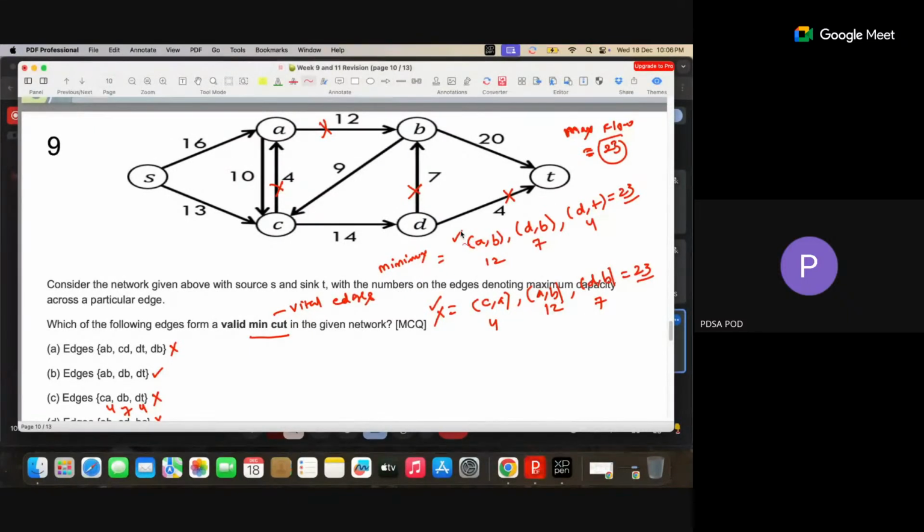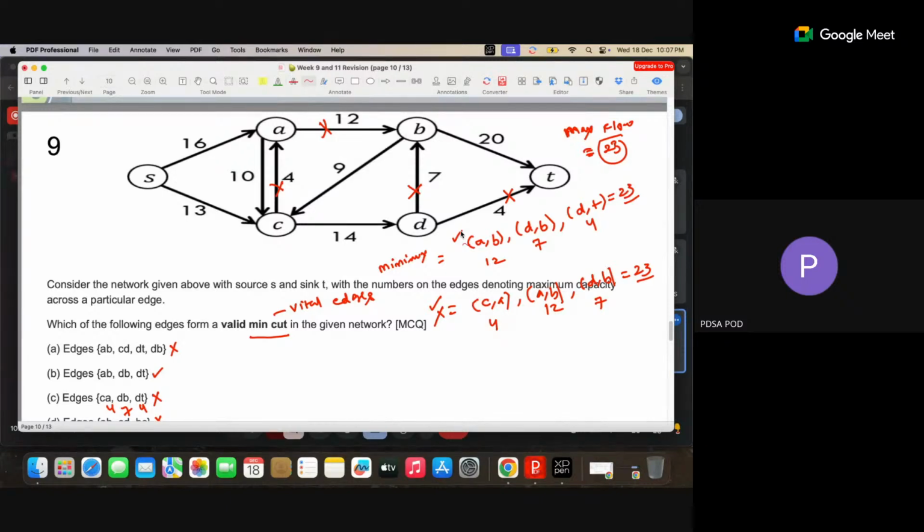No. Strictly you verify. Once you get the maximum flow, you try to identify whether that maximum flow value satisfies the minimum cut or not. And if you do a minimum cut, you cannot move any flow from source to destination. That you have to verify. Clear?